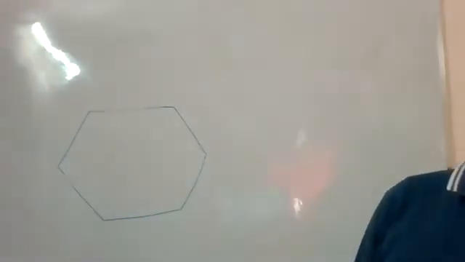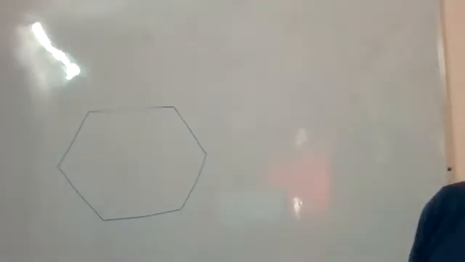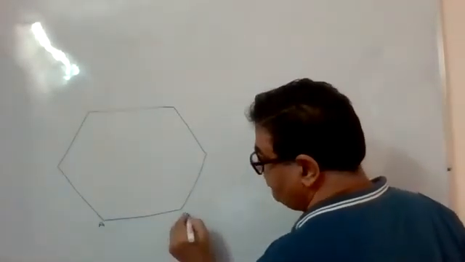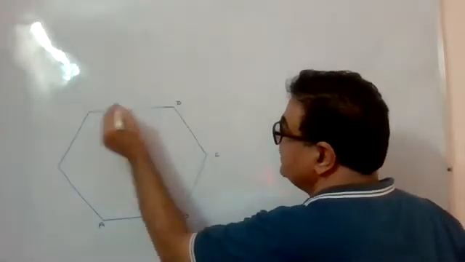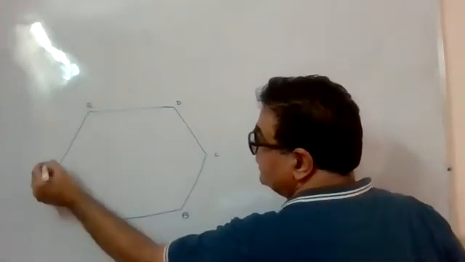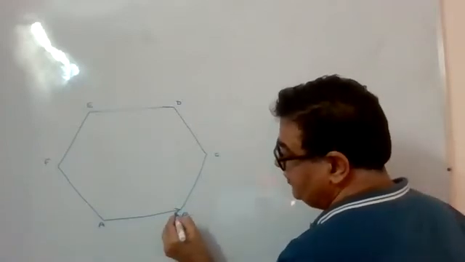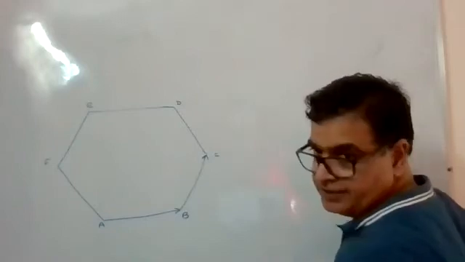This is the hexagon we have, and it says this is A, B, C, D, E, F. Two adjacent sides, that is the AB vector and the BC vector.